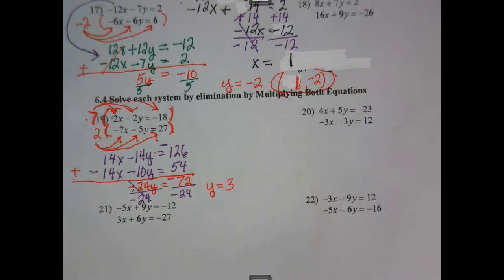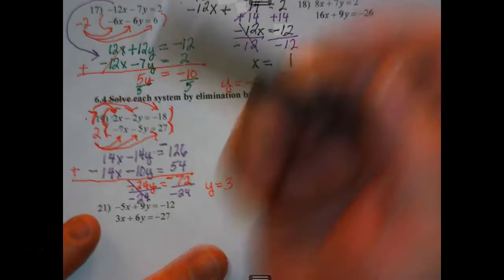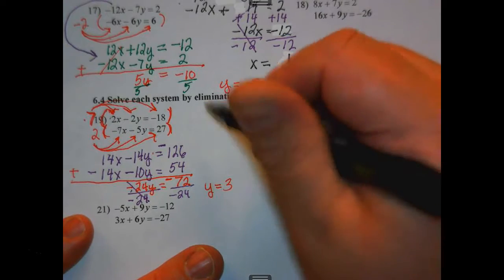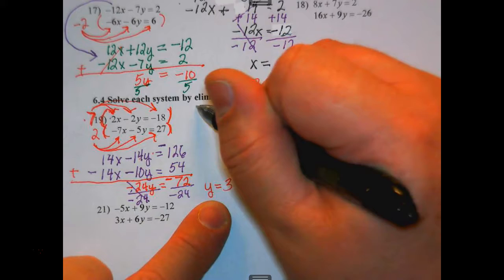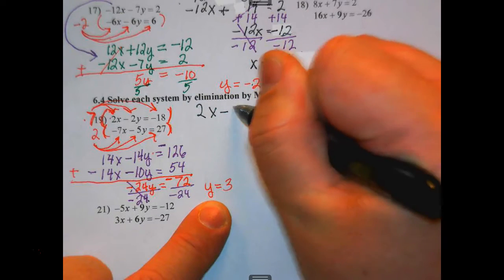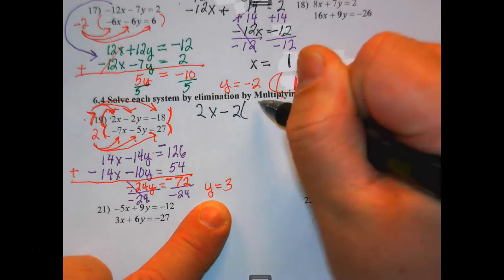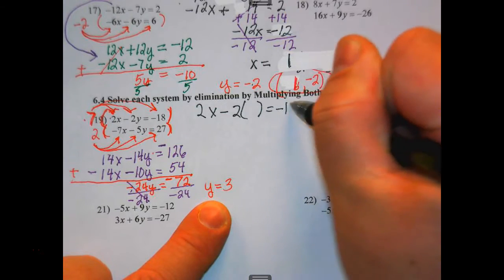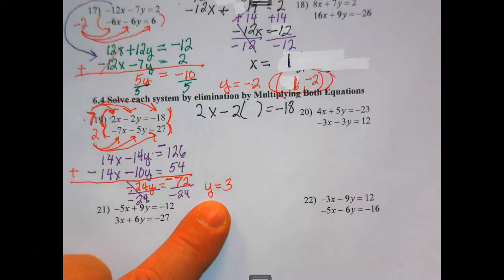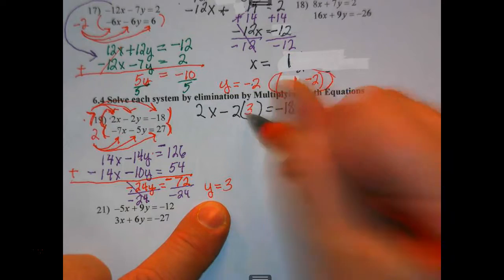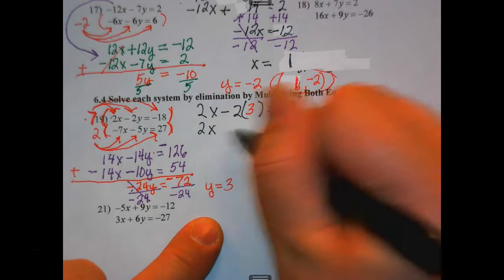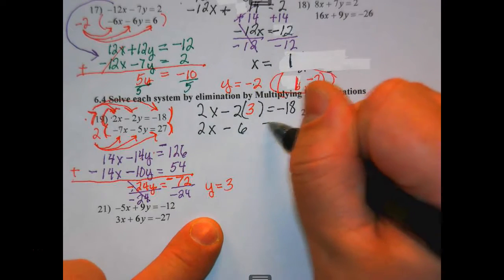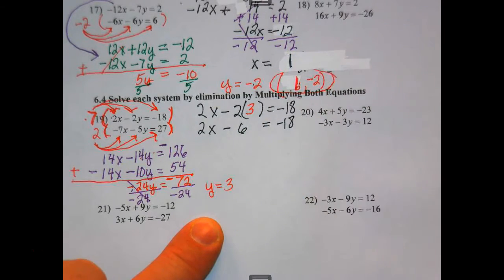Go back and pick one of the equations. I'm going to pick the top one. See, we figured out what y was. So 2x minus 2 times y equals negative 18. Y is 3. 2x minus 6 equals negative 18.